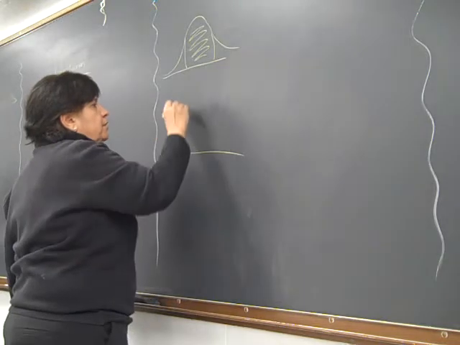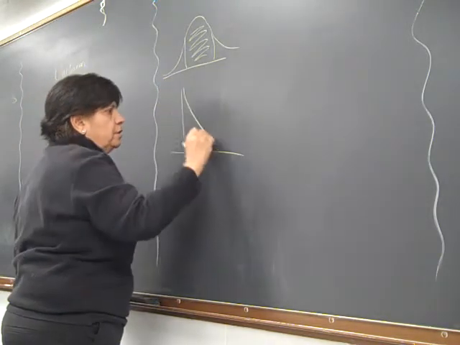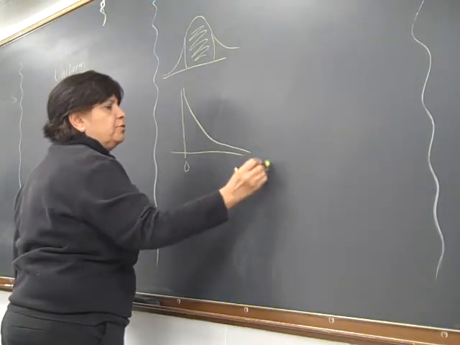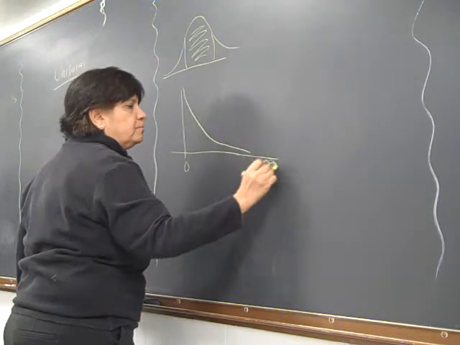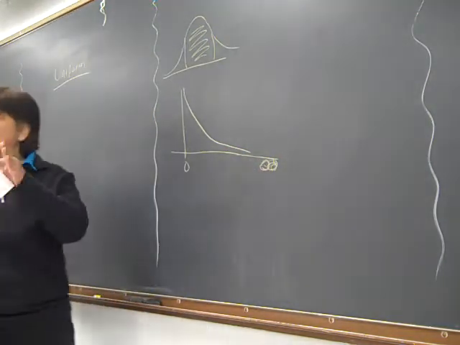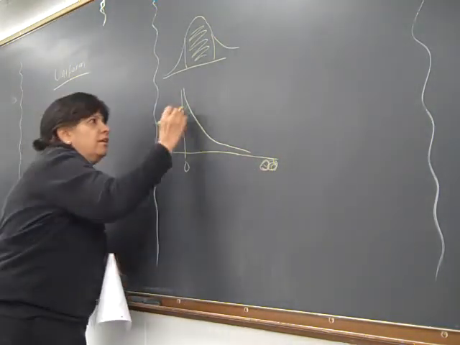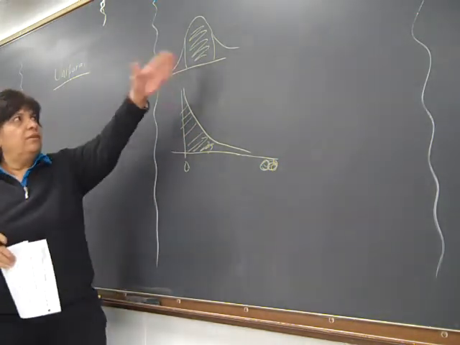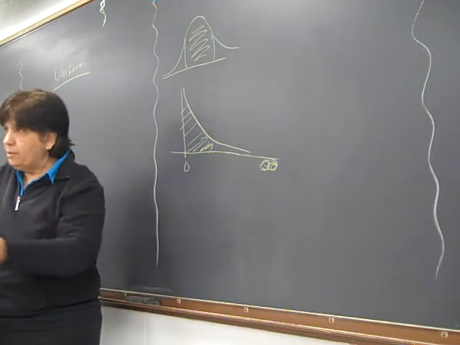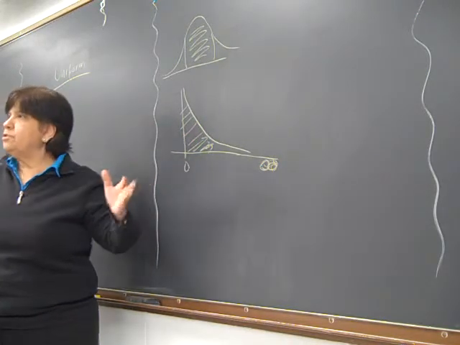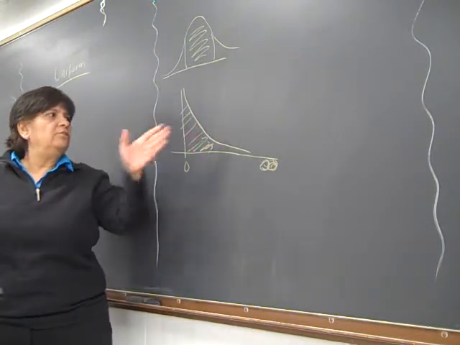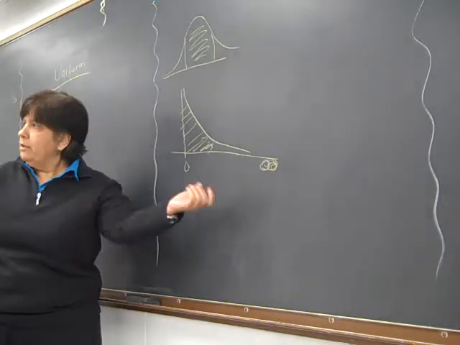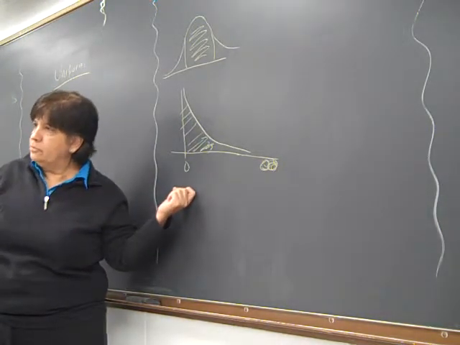We also covered the exponential distribution that goes from 0 to infinity, where the majority of the values are close to 0. In the normal distribution, the majority is in the middle. In the exponential distribution, the majority of the values are closer to 0.